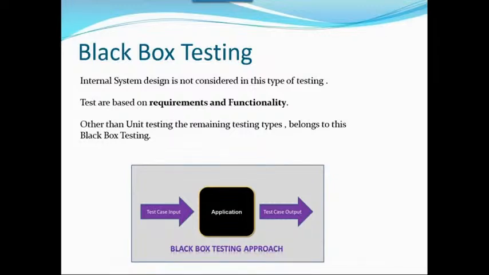Other than unit testing, I told you, unit testing is done by the developer. Other than unit testing, the remaining types belong to black box testing only. So in real time, we are the black box testers, the functional testers. We need to check the functionality and whether the application is working as per the given requirements.